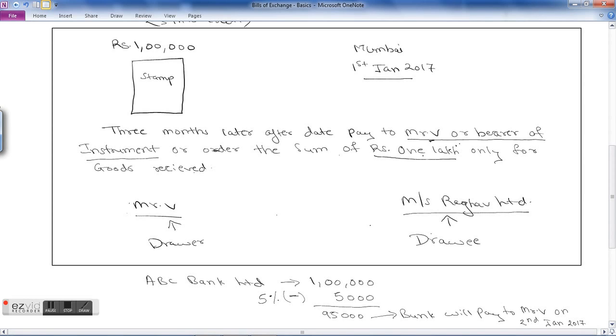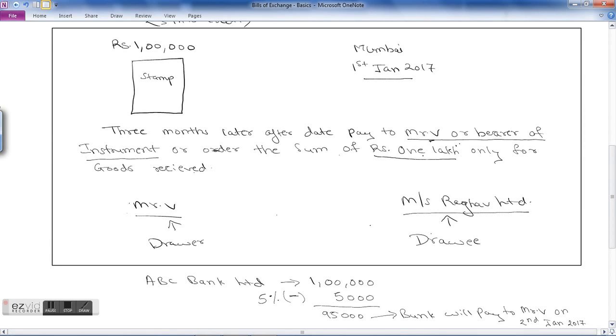Now one more thing is, this bill of exchange can be passed on to another person by endorsement. Endorsement means what? If Mr. V has got this bill of exchange of rupees 1 lakh, and there is some other party, say Messrs.